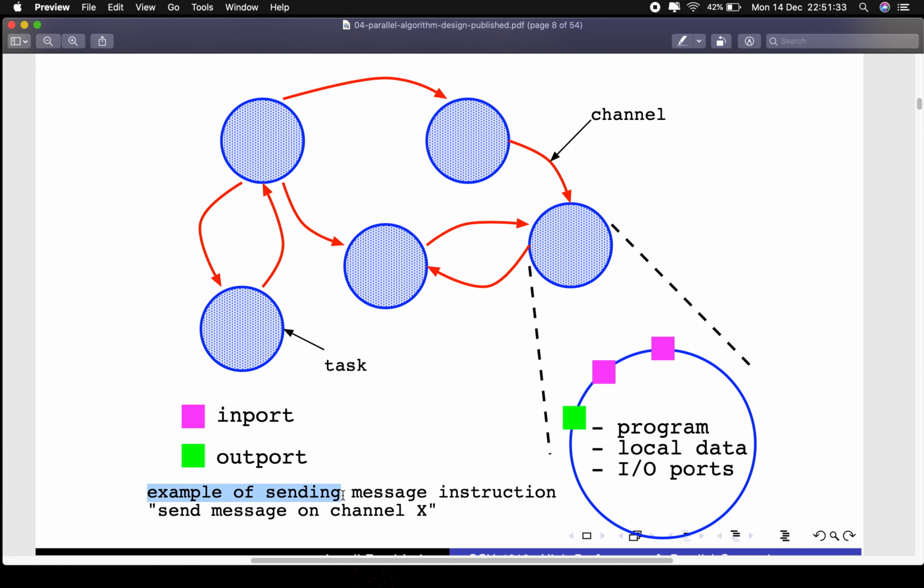This is an example of sending an instruction. When you try to send a message on channel X, these channels represent channel X. Let's say this is your message or your task, so you flow it to another point. You will transmit it using channel X. This is just an example.